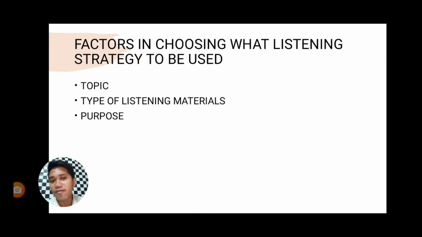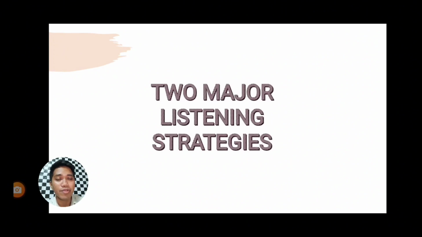There are factors in choosing what listening strategy to be used. The first factor is the topic, type of listening materials, and purpose. So these are the two major listening strategies that you need to discover in order for you to understand a certain text.